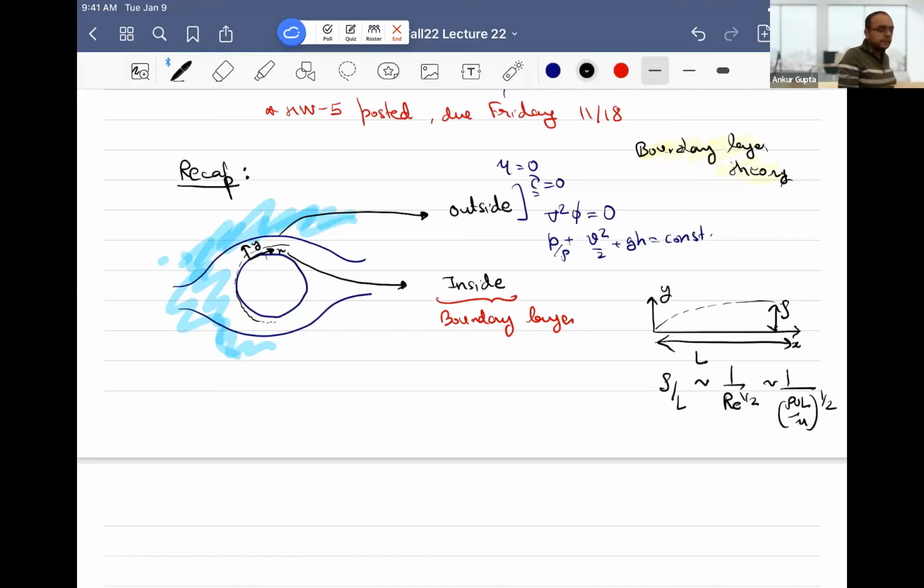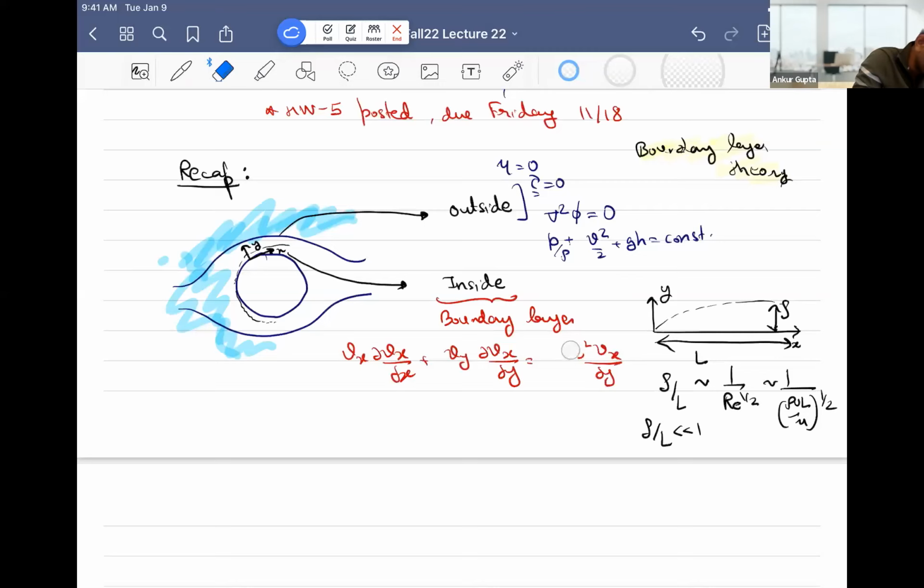We said that delta by L is much smaller than 1, and that's why we could derive the boundary layer equations: Vx del Vx by del x plus Vy del Vx by del y is equal to U dU by dx plus nu del squared Vx by del y squared. Okay, so this was our equation.